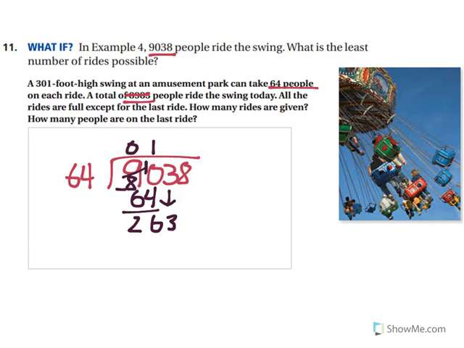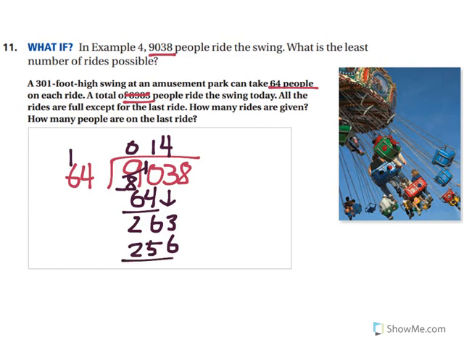Okay, again, 64 is kind of like 60. So 60 times 4 is 240. 60 times 5 is 300. So it's kind of up to us how we want to do this. I'm going to go ahead and go with 4. It looks like there's enough room. 4 times 4 is 16. Carry the 1. 4 times 6 is 24, plus 1 is 25.